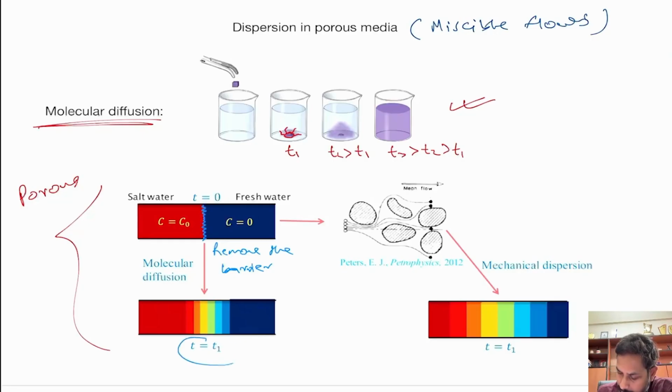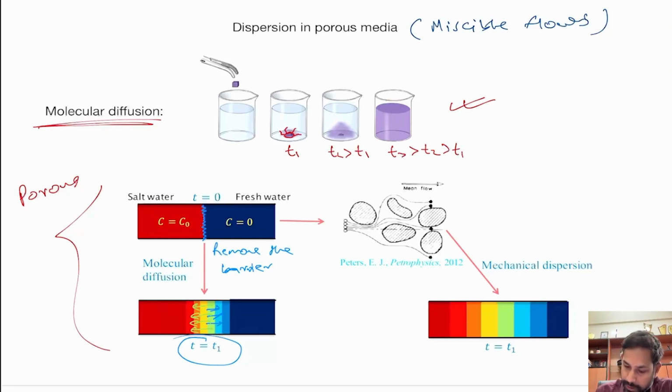After time t1, which may be 1 minute, 2 minutes, or 10 minutes, you will see that the solute has diffused this way. Because of that, there is diffusion or movement of water molecules, and that is why a kind of mixing zone forms between the salt water and fresh water.